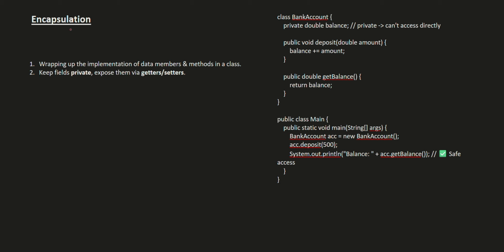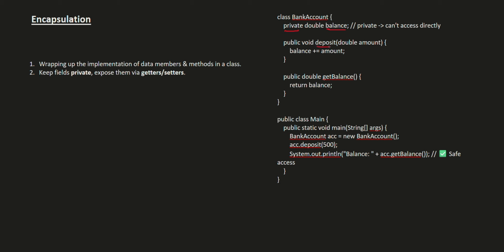Encapsulation. Encapsulation is wrapping up the implementation of data members and methods in a class. So this is a class and the data member here is balance, which is private. As it is private, it can't be accessed outside of the class. It is accessed via getters and setters.